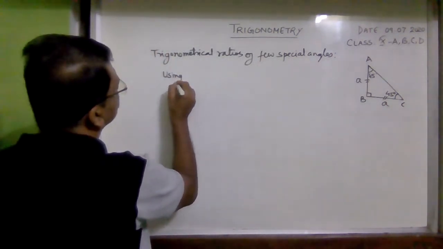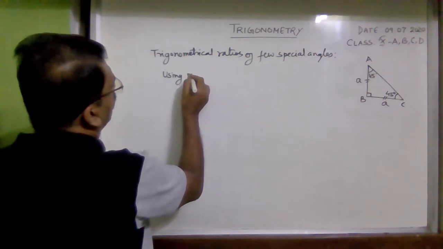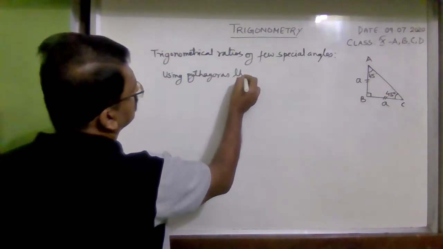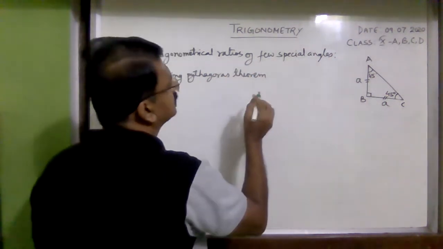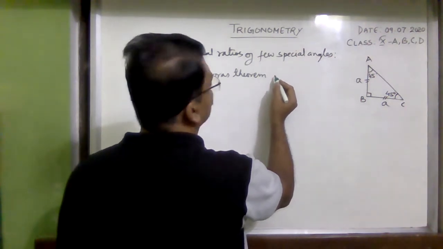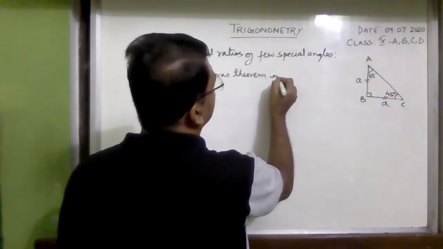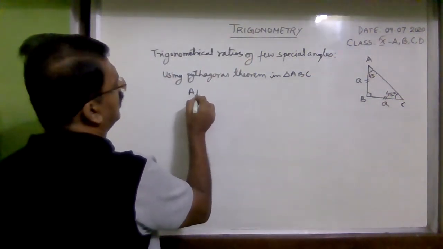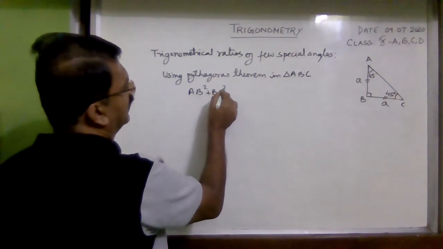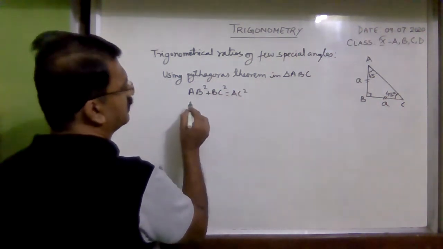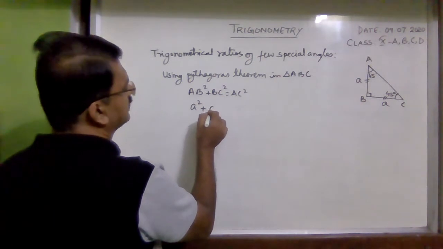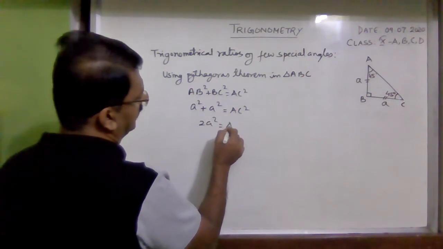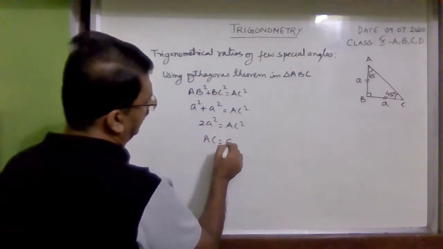Using Pythagoras theorem, in triangle ABC, AB square plus BC square is equal to AC square, that is a square plus a square is equal to AC square. 2a square is equal to AC square, so AC will be a root 2.